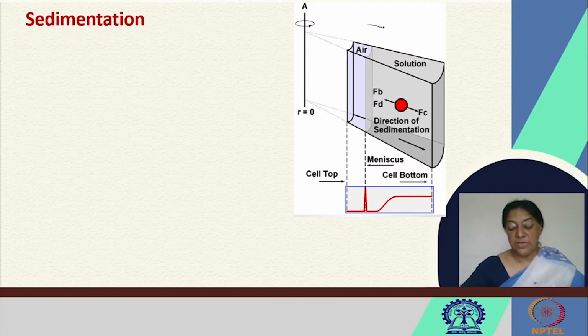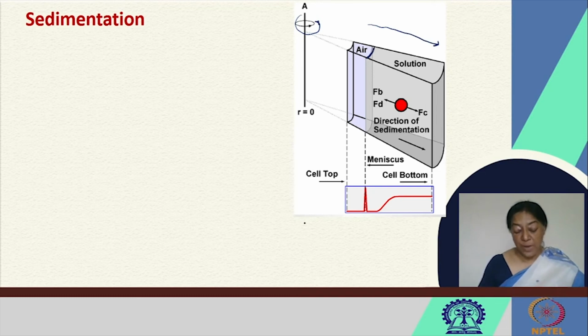This is our centrifuge tube, and this is where our solution is. As this rotates around our axis, the solution that is present here has a meniscus at the top of the tube, as we would see. So we would have a meniscus of the so-called homogeneous solution that we start off with.